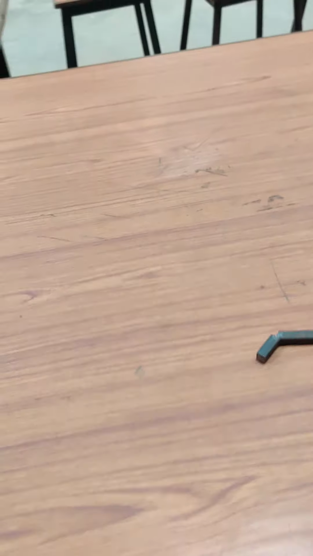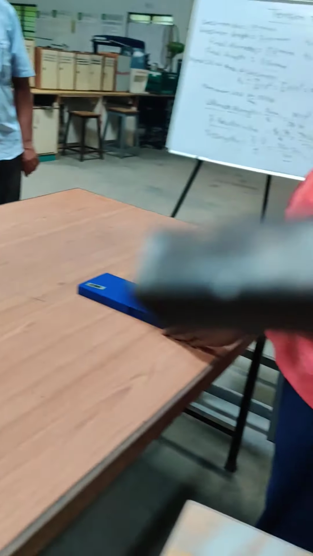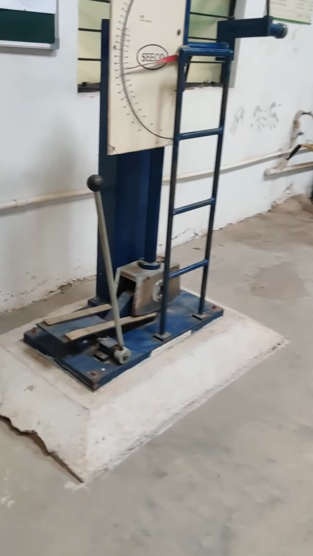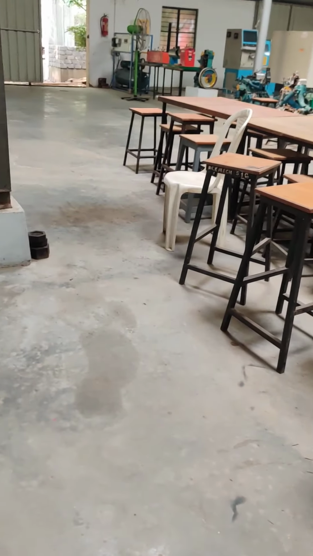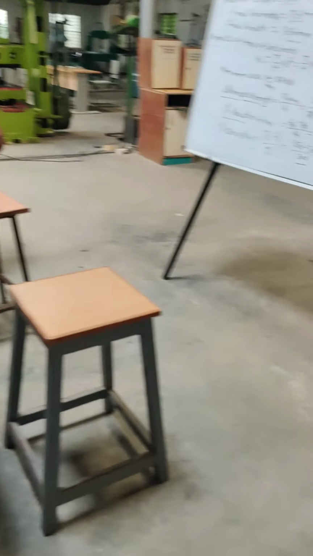So calculation part I will explain. That calculation is not required because it is already impact energy, last week I already showed you. 93 joule energy is absorbed.